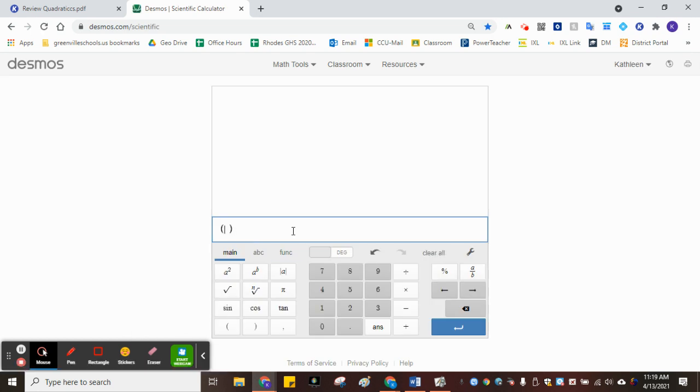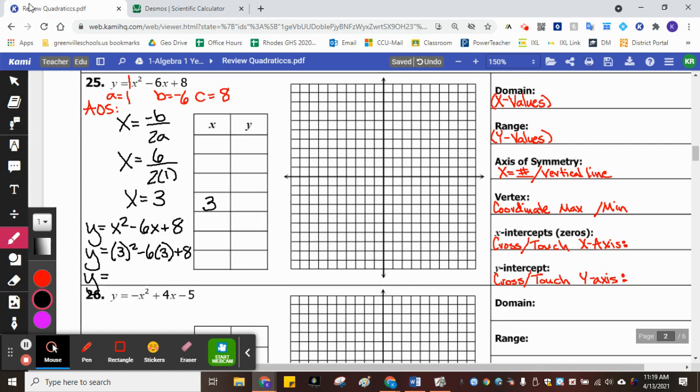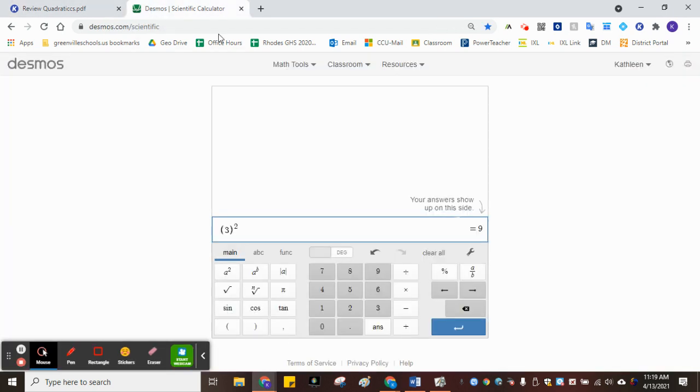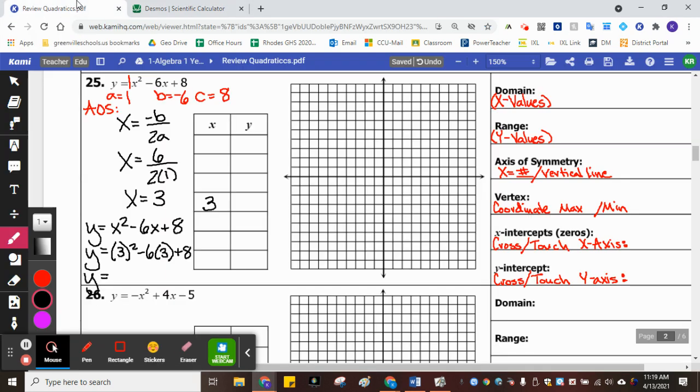So 3 squared minus 6 times another x, so I'm plugging in 3, plus 8. I plugged all that in a calculator and I got negative 1. So 3, negative 1 is my vertex.